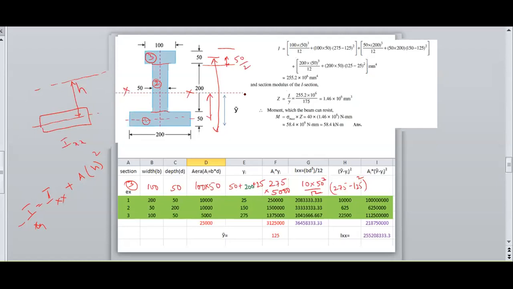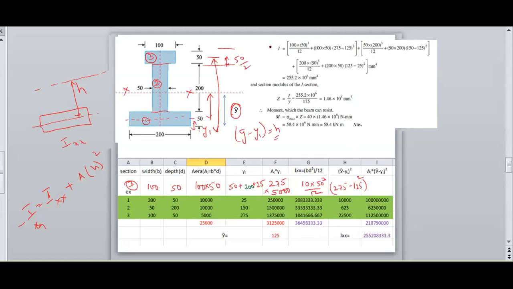The global axis centroid is y bar, and the local axis centroid is y1. So the distance will be y bar minus y1, that is the h value.